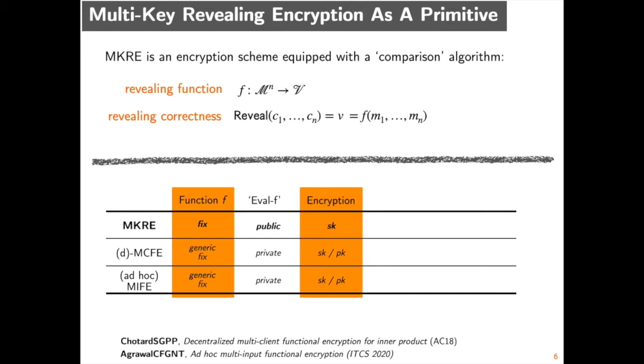Regarding the multi-user functionality, multi-key revealing encryption basically works for any number of users, so we don't count users into the ciphertext. While in multi-client functional encryption, it is very clear where each user's contribution needs to be. There is one user per slot, and the functionality can only be computed if all users produce ciphertexts for the same tag. So the semantics there are a little involved.